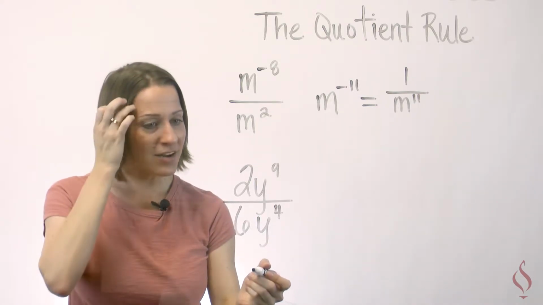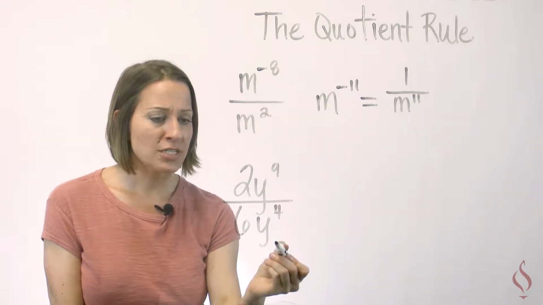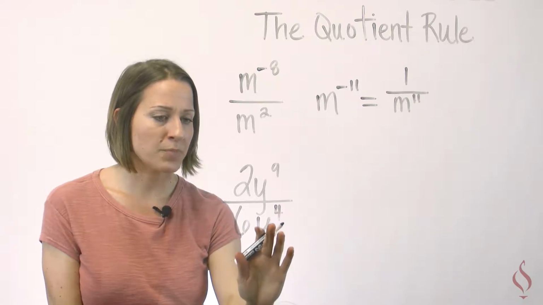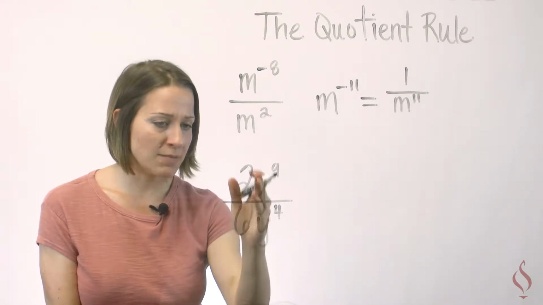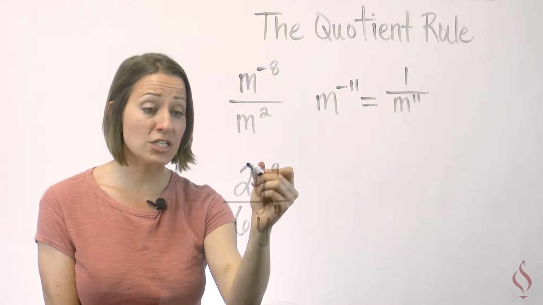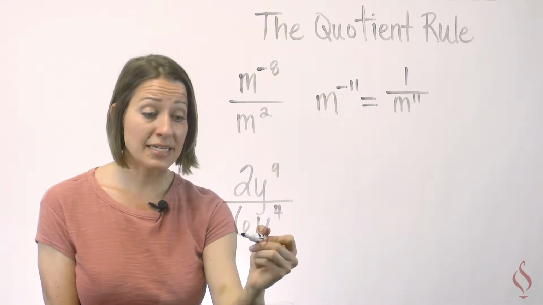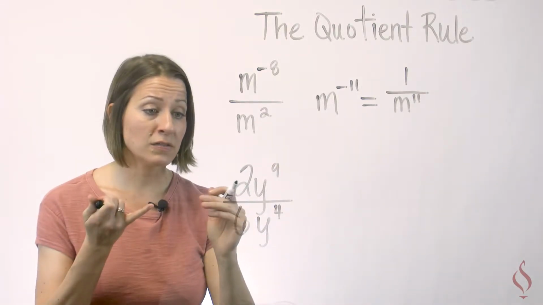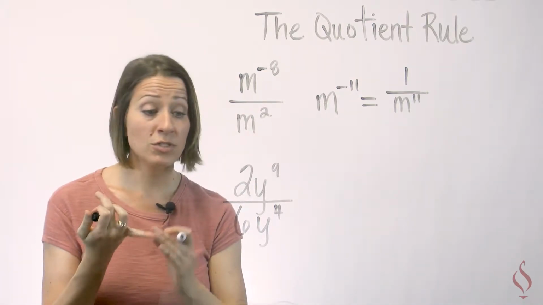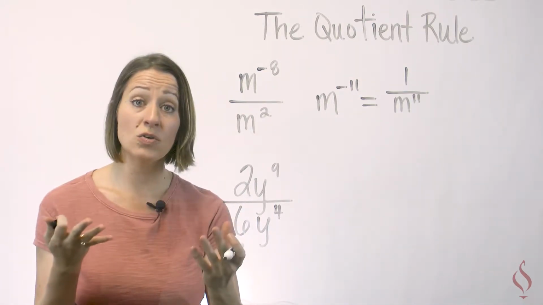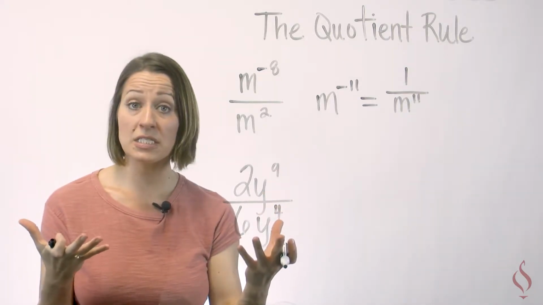Okay, come down here. The reason I wanted to show you this one is because the y's are the same. We have our same base numbers, but then we have the coefficients 2 and 6. Notice that they're different base numbers. The 2 is different from the 6, and they don't have an exponent present.